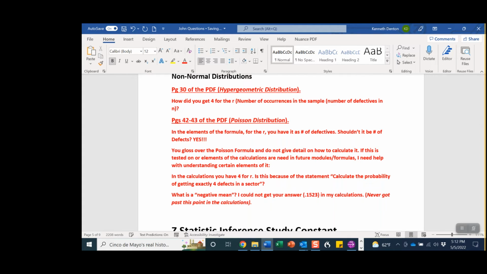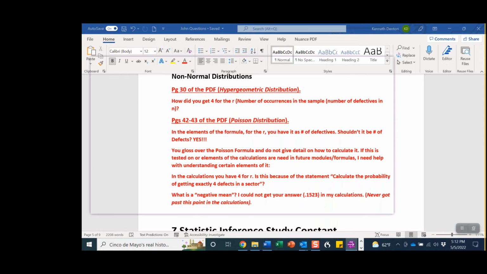In the module you gloss over the Poisson formula and do not give detail on how to calculate it. If this is tested on, or elements of the calculations are needed in future modules or formulas, I need to understand certain elements of it. But it says in the calculations you have 4 for R. Is this because the statement says calculate the probability of getting exactly 4 defects in a second?